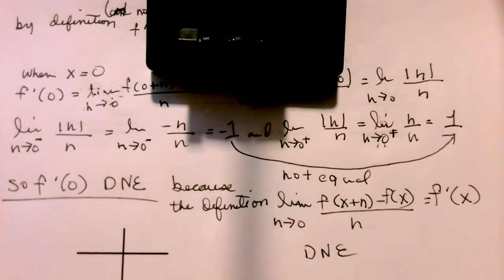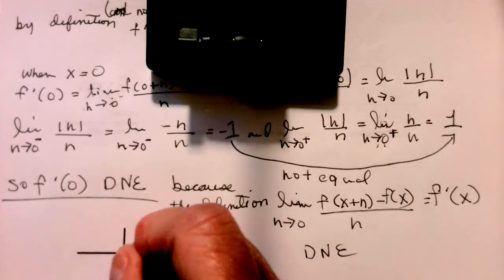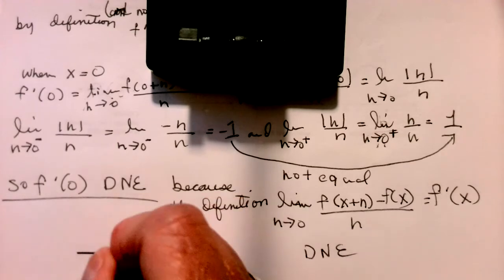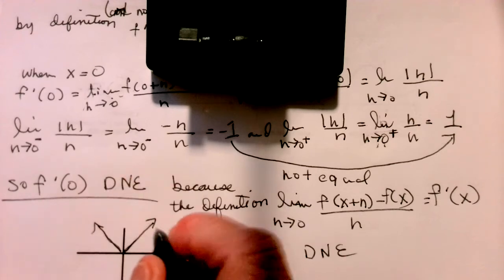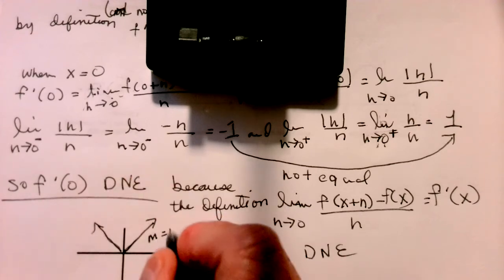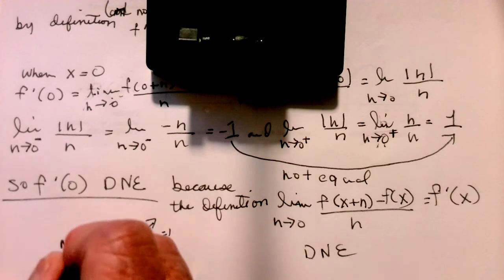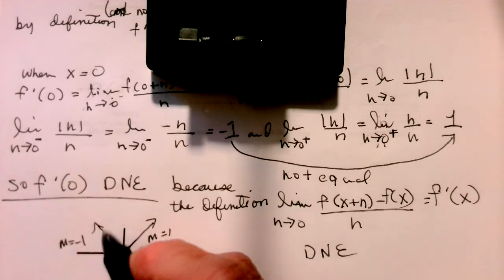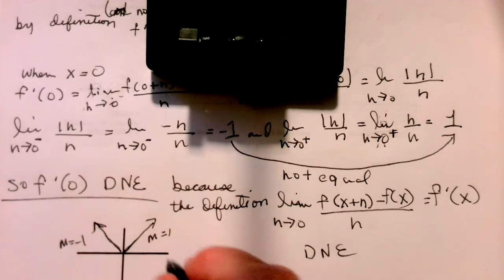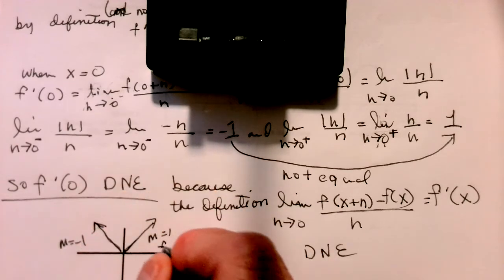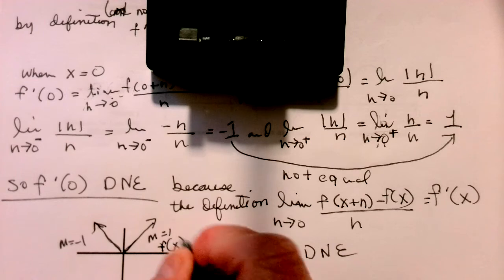And if you look at the function over here, again, the slope of the tangent line here is 1. The slope of the tangent line here is minus 1. Now, if your function is linear, like this side is linear and this side is linear, actually over here, the function is f of x equal x.